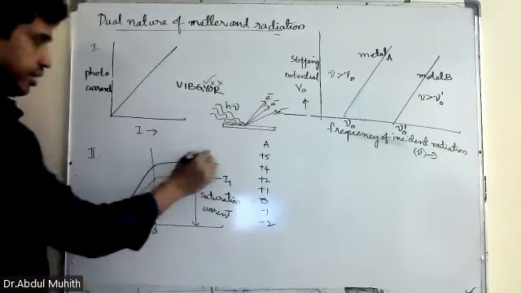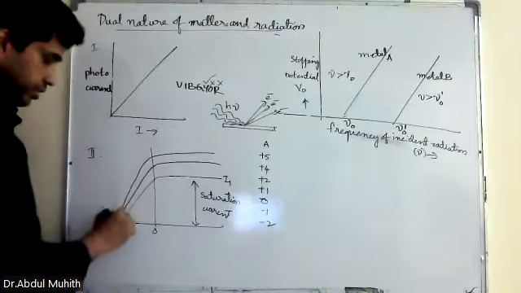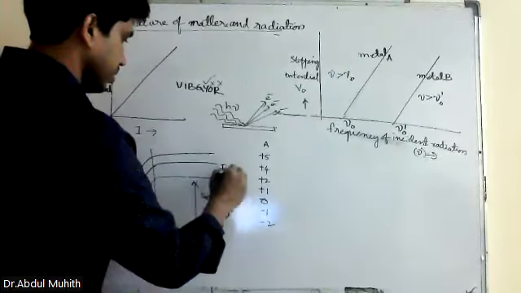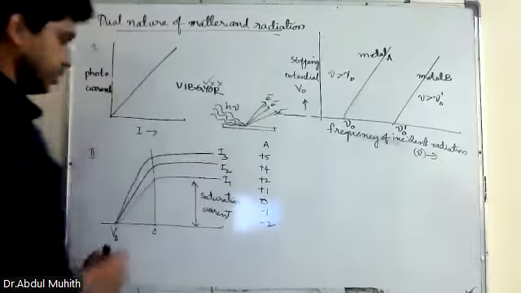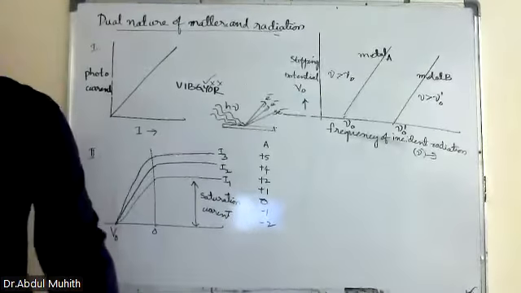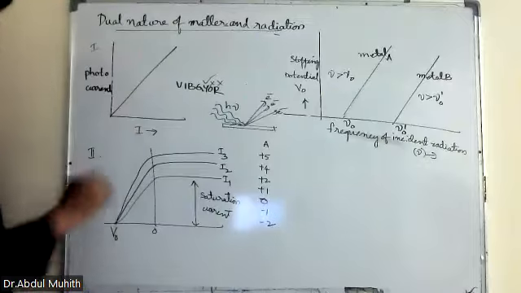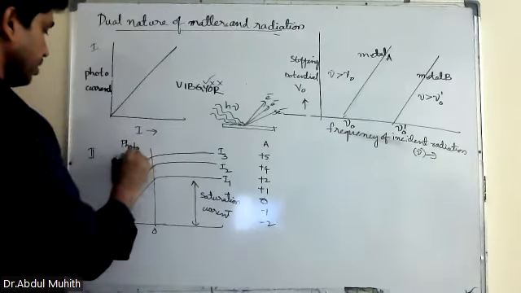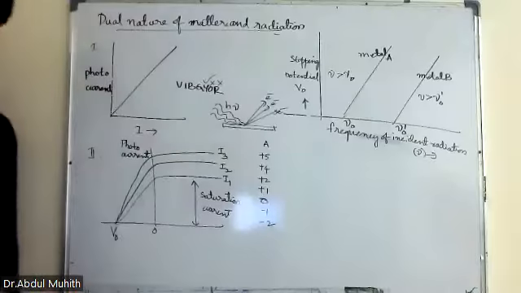Whatever be the intensity of light, I2 or I3, here we have photocurrent, and this is the potential.